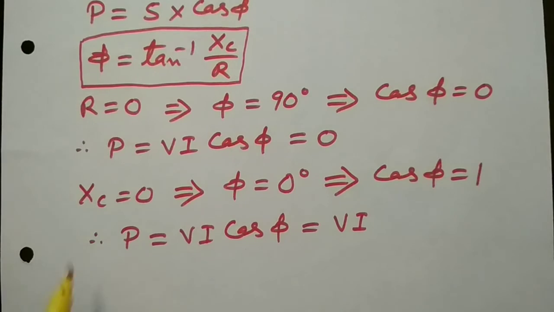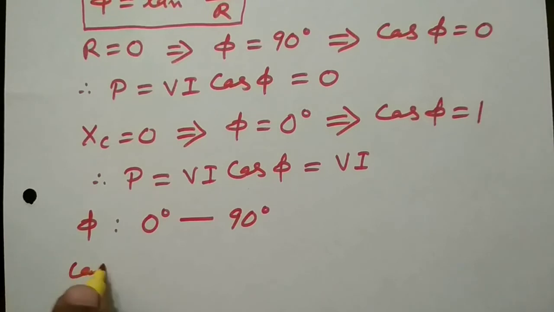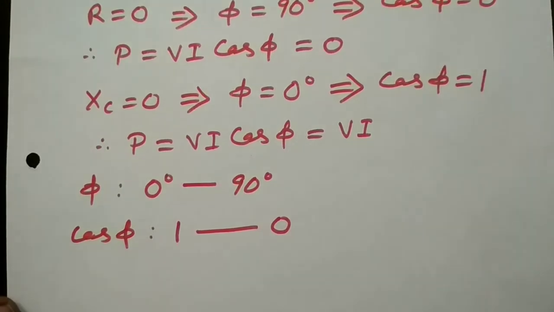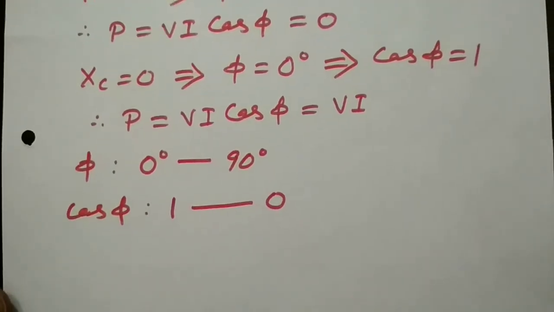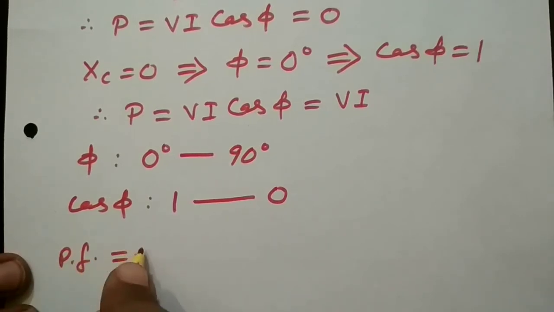Remember one thing, as the value of phi varies from 0 degrees to 90 degrees, the cos phi value will be from 1 to 0. This is the limit of the power factor. So what is power factor? Power factor is basically defined as the cosine of the angle between voltage and current.